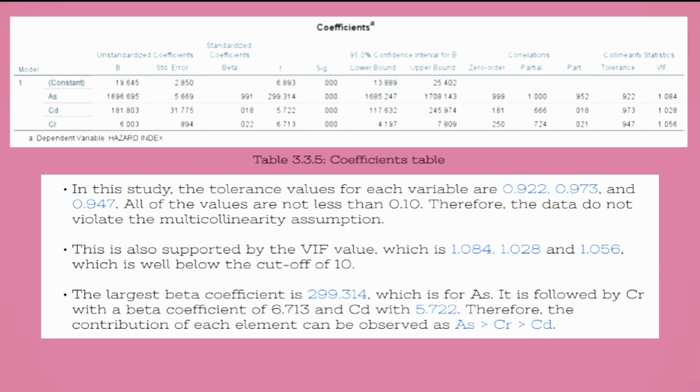The largest beta coefficient is 299.314, which is for arsenic. It is followed by chromium with a beta coefficient of 6.713 and cadmium with 5.722. Therefore, the contribution of arsenic is larger than chromium, while chromium is larger than cadmium.